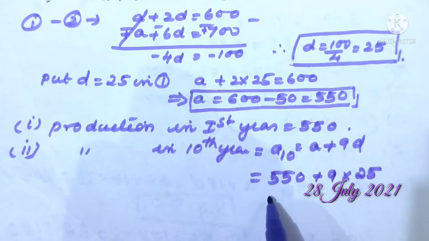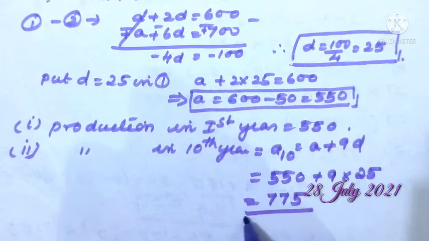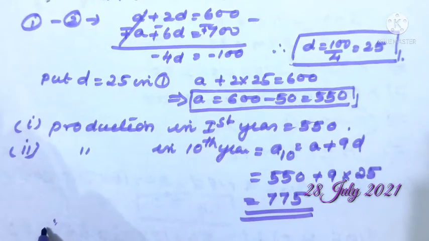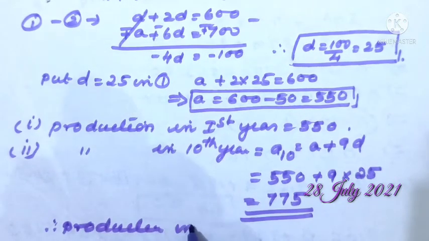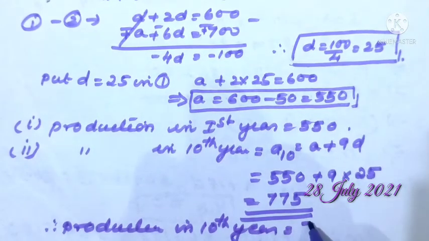The answer is 775. So the production in the 10th year equal to 775 TV sets.